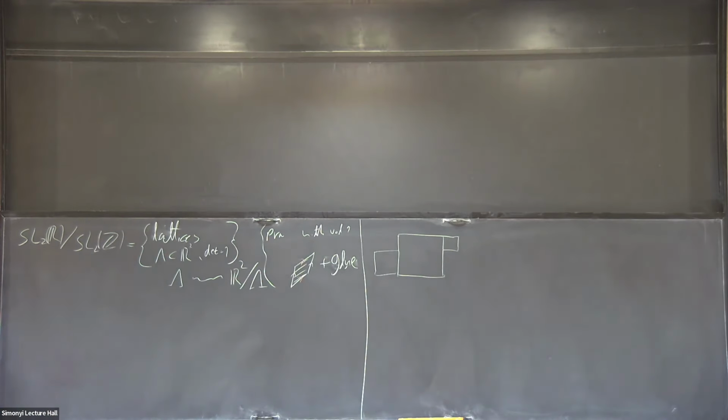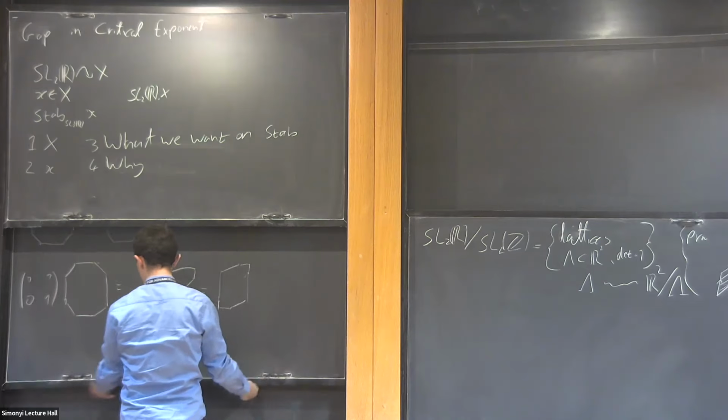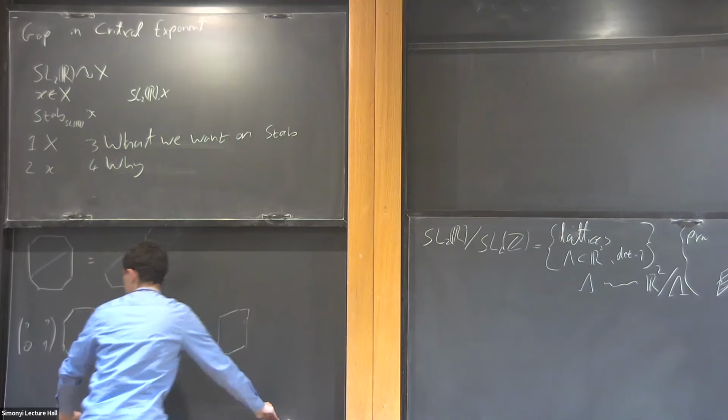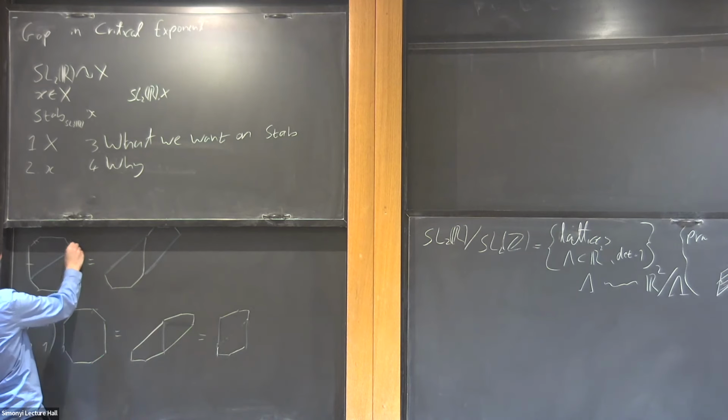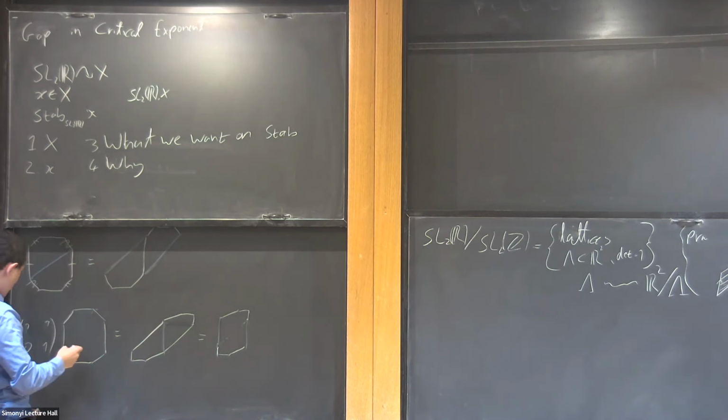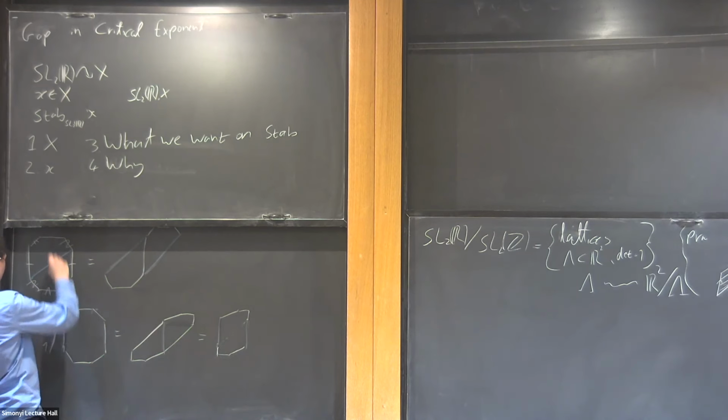So tori are genus 1 surfaces. What happens if you want larger surfaces? We can still take a polygon, say this octagon, and identify this edge with this edge, this edge with this edge, and so on for all four pairs.